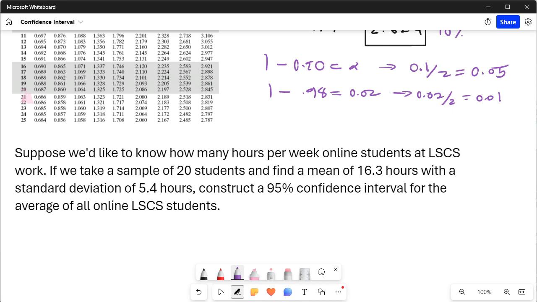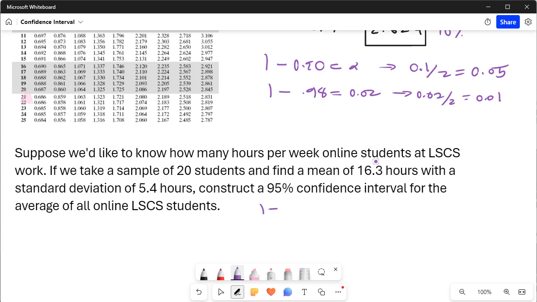If we don't know the population standard deviation or the mean, then we can use a standard t-distribution for this.